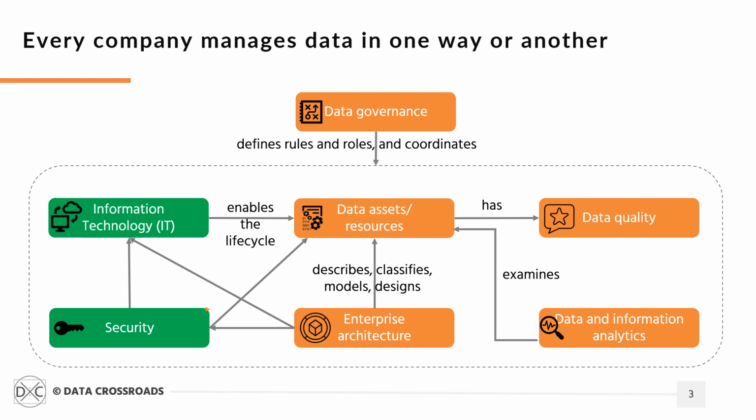The core subject of data management is data and information assets, or resources. Data and information have such a characteristic as quality. So we need a data quality capability to manage data quality. Enterprise architecture describes, classifies, models, and designs data assets, data lifecycle, and chains.